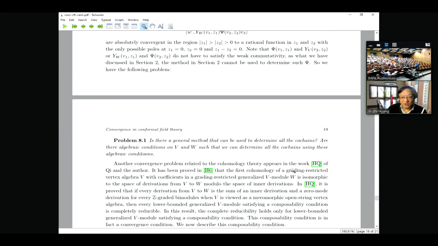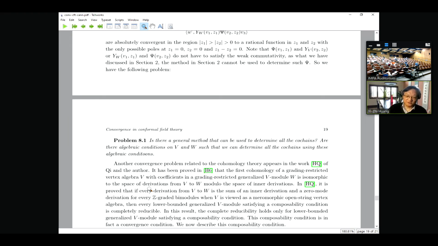Now the last convergence problem I want to discuss is the following. In a joint paper of Chi and myself, we actually proved that the first cohomology of a vertex algebra is isomorphic to the space of derivations modulo the inner derivations.